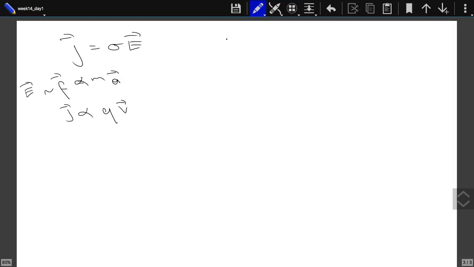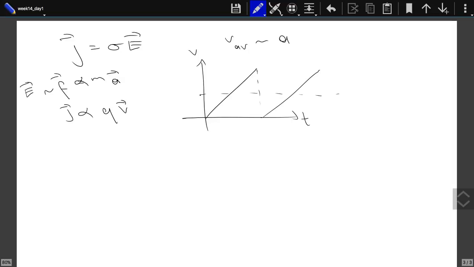Your average constant velocity will be basically your acceleration times the time. If you draw your speed as a function of time, this will be your velocity as a function of time. And when you hit a traffic light, your speed goes to zero, you start again, etc. So you have an average speed.